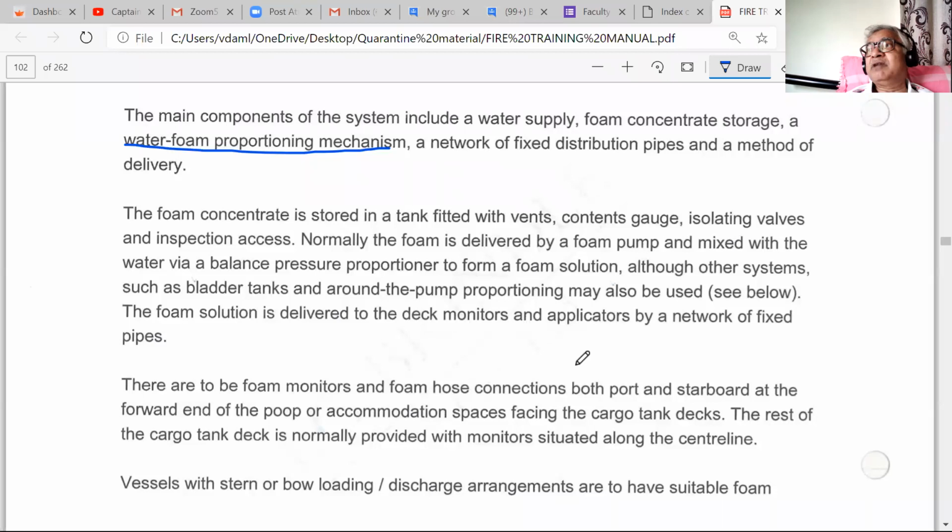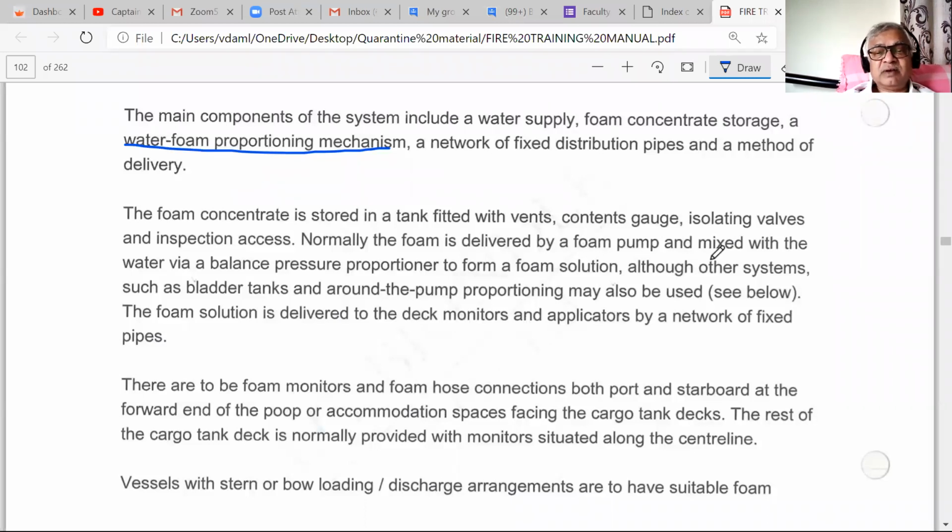So you have to have a level gauge to tell you how much is in the tank. There will be isolating valves because you should be able to isolate the tank in case you are doing some repairs, anything. Then inspection access, because everything must be inspected. So these are the standard things. If you remember all these words, you should be able to rewrite any question by adding up all the masala in answers.